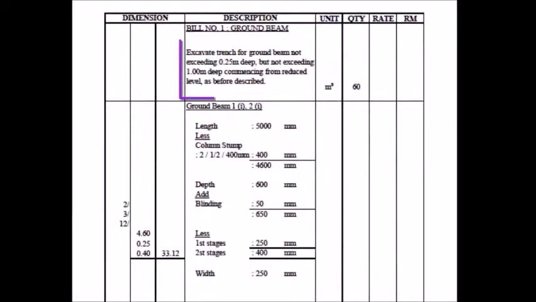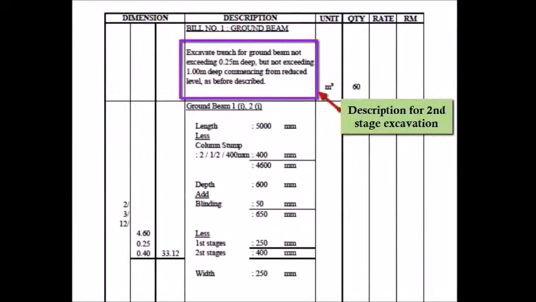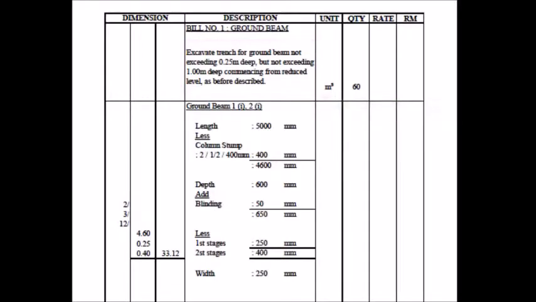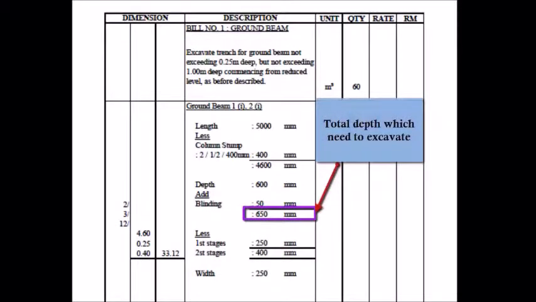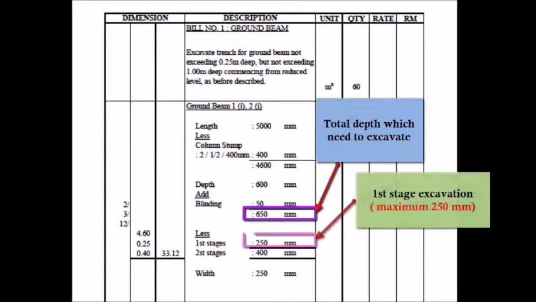Ground beam excavation will continue with the second stage, where the excavation depth is exceeding 0.25 m but not exceeding 1.00 m. We know that the total depth of ground beam trench excavation needed is 650 mm deep, and as the first stage is not exceeding 0.25 m, it can only excavate a maximum of 250 mm.